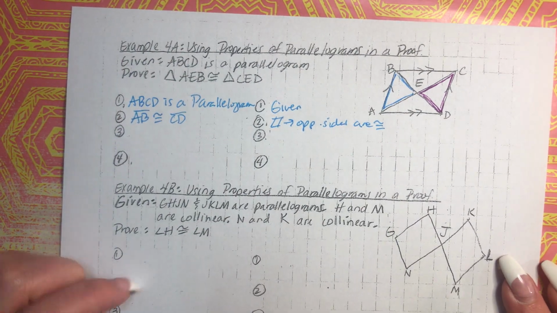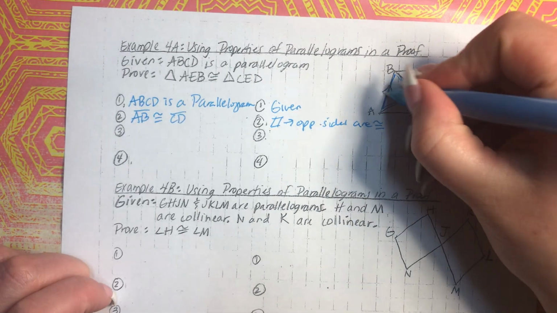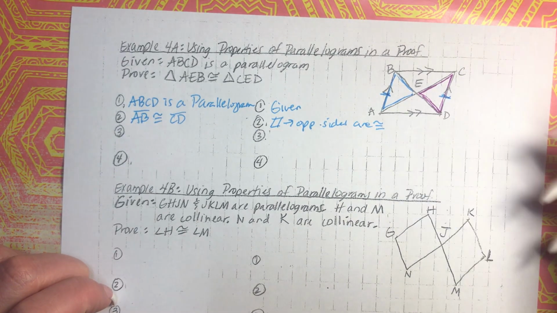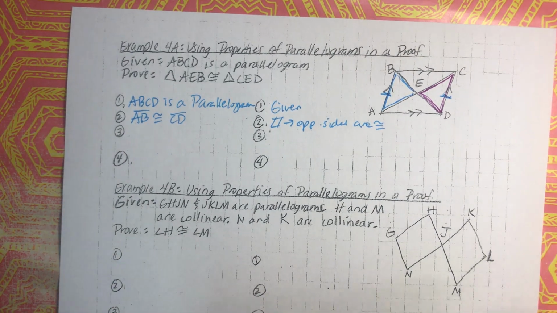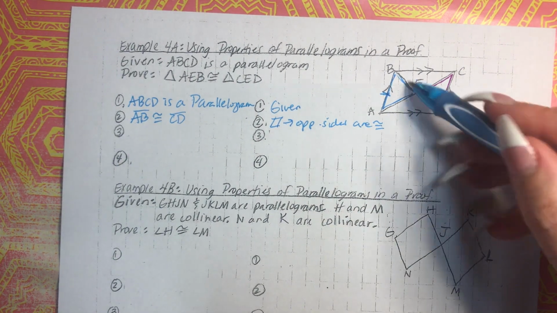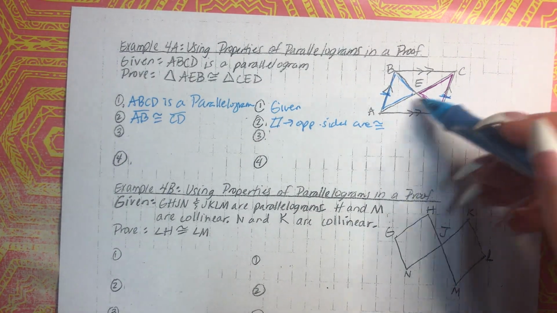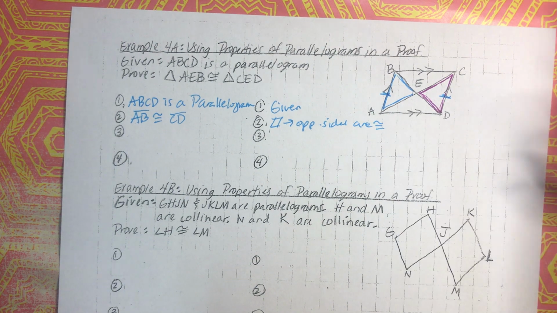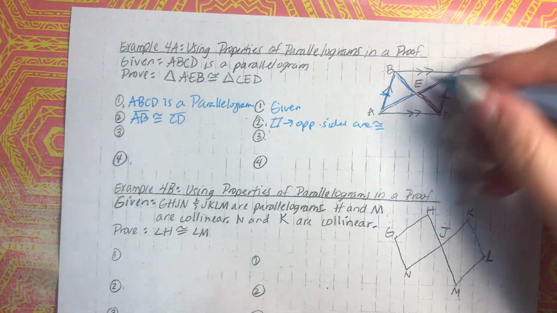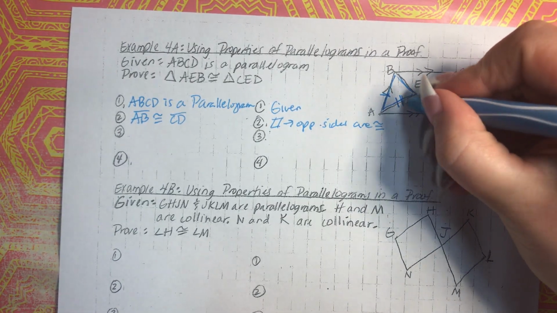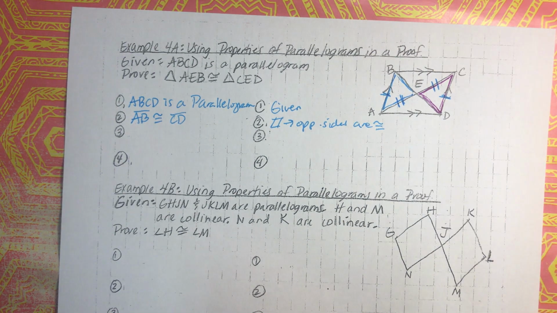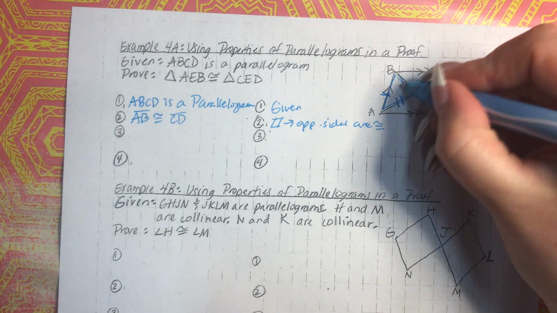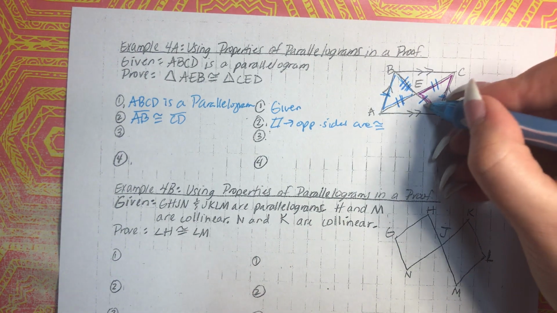Perfect. Okay. What else do we see? It looks like we have these lovely diagonals, right? And what do we know? We know that if it's a parallelogram, the diagonals bisect each other, which means that this side is congruent to this side, right? And also this side here is congruent to this side here.